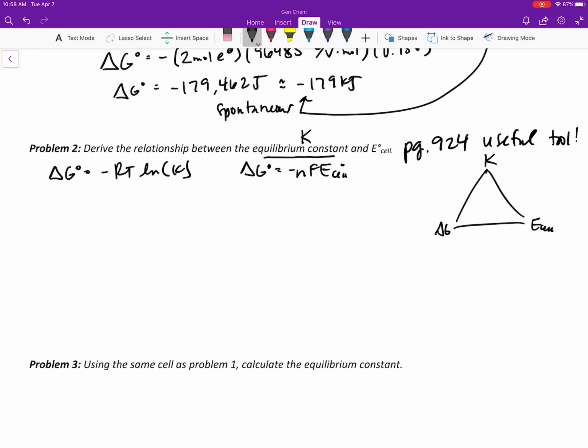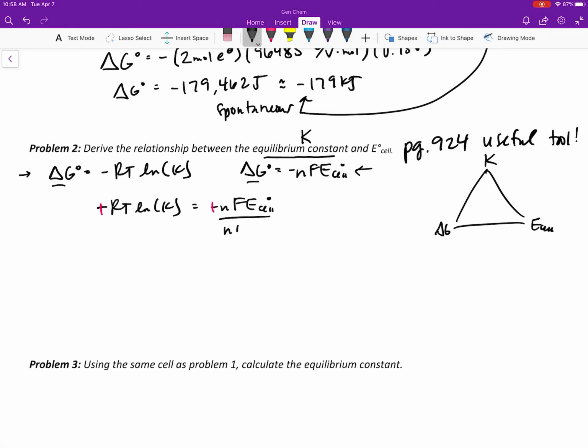So I'm going to take the equation from a few lessons back, and the equation we introduced today. Delta G naught, because they're equal to the stuff on the right-hand side, the things on the right-hand side are also equal to each other. It's just basic algebra. The negatives are going to cancel out, and now I'm going to rearrange it for the E cell naught.